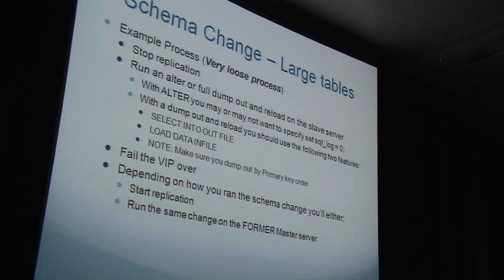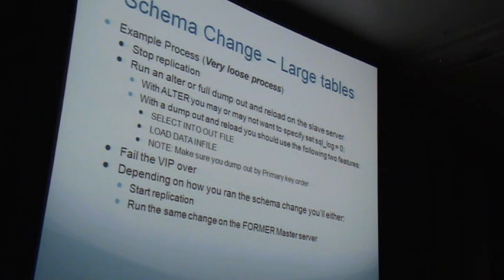So a schema change on large tables is actually quite simple to do in an automated failover, redundant, highly available multi-master situation. This is a very loose process because there are so many different ways to do this and so many situations where you would do something else or something more.